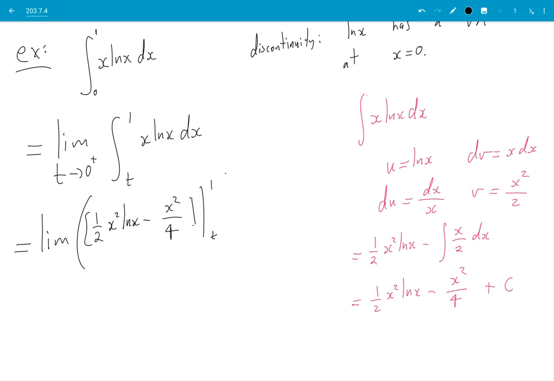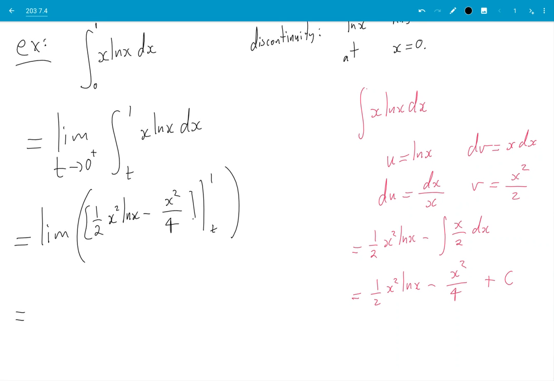From t to 1. Now here we are looking at this guy. And what do we get? When we plug in 1, we get 0 minus a quarter.